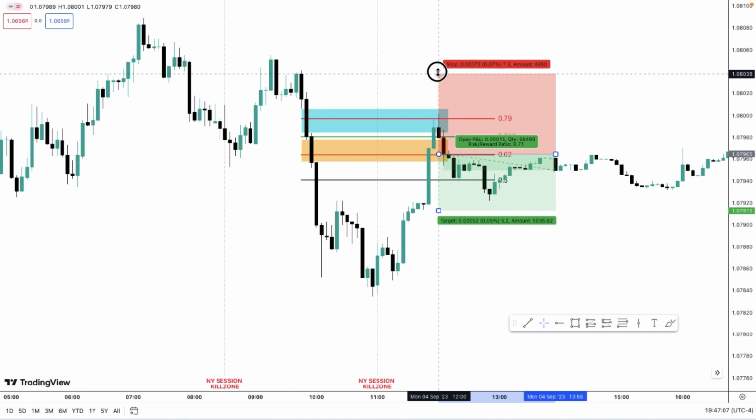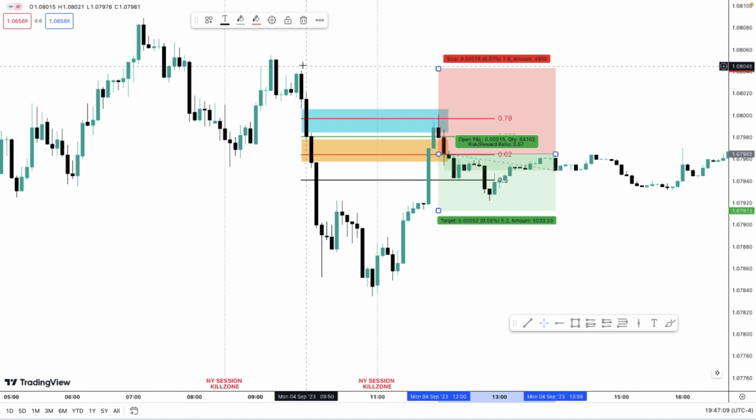Stop loss goes above the high that you are using, the swing high that you are anchoring your fib to. So that's where you put your stop loss.